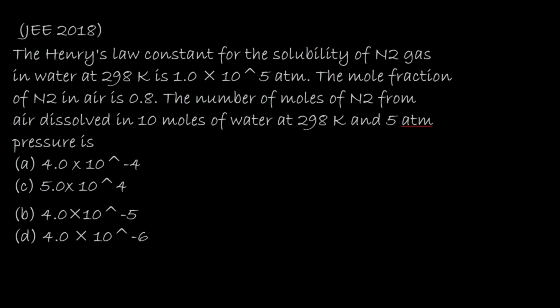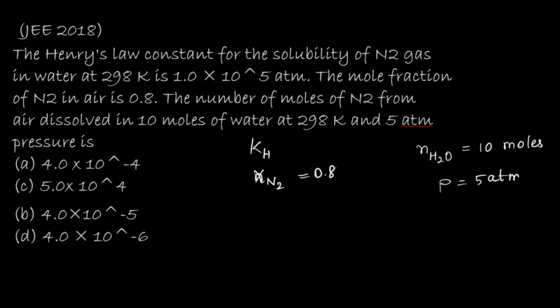So let's analyze what information we have. We have the KH value. Do we have moles of N2? No, we do have the mole fraction of N2 in air, that is 0.8, and 10 moles of water, and the pressure is 5 atm.